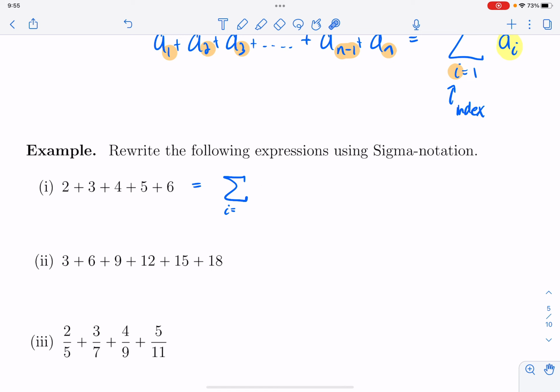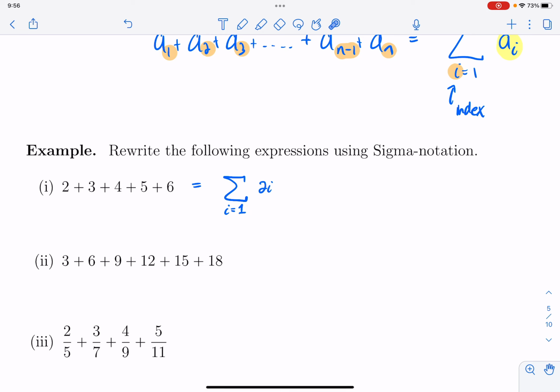Fortunately, what we know about even numbers is that even numbers can be written as something like 2i. They're all divisible by 2. But what does i need to start at? Well, I'm starting at 2, so I'm going to plug i equals 1 to begin with. And you'll see when i is 1, we get 2.